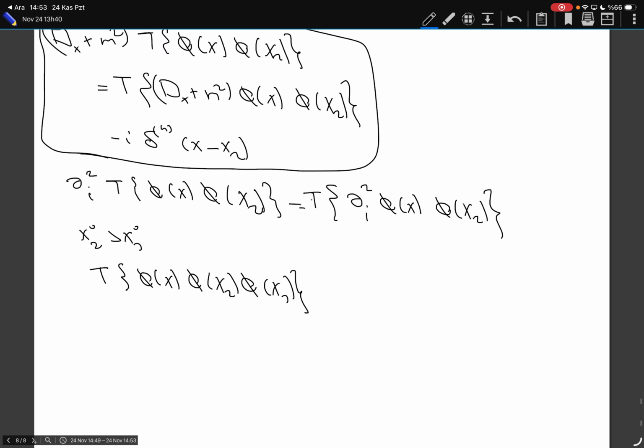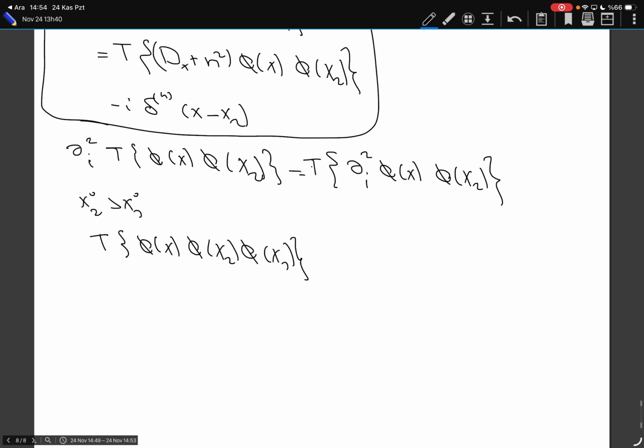So x2 and x3 are already time ordered. If they are not time ordered, just exchange their positions and they will be time ordered. And I cannot assume that x0 is larger than them or not because I will be taking the derivatives with respect to t. So that is what I will keep. x0 or t can be larger than x2, equal to x2, smaller than x2, and similarly for x3.